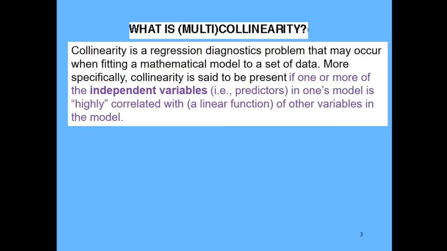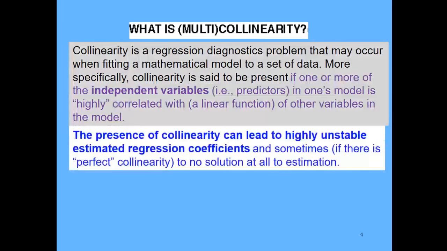Now, the reason why you're worried about it is because the presence of collinearity can lead to highly unstable estimated regression coefficients. And sometimes, if there is perfect collinearity, like I described, to no solution. The model won't even run.